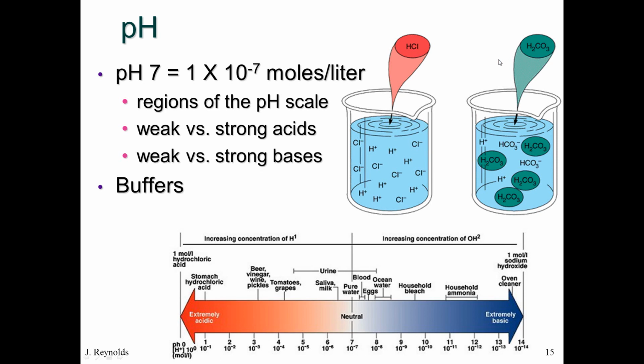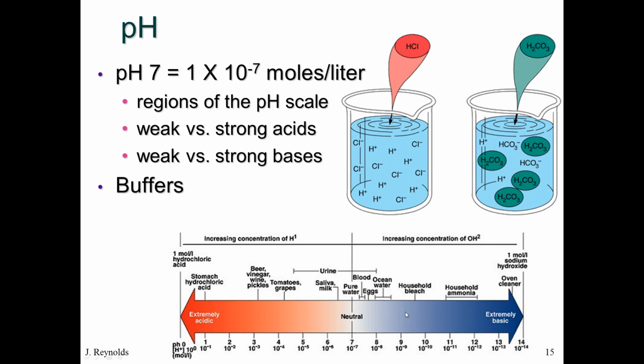Carbonic acid is a weak acid, whereas hydrochloric acid is a strong acid. Carbonic acid, at a pH of like 5 or so, weakly dissociates. So you can see most of it is still attached as carbonic acid, H2CO3, but some of it has dissociated.